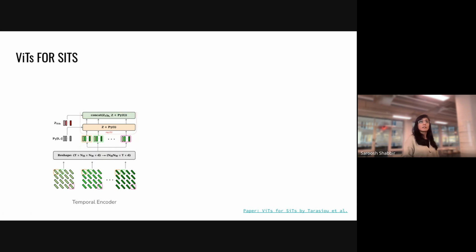Okay, and then we add the class token as in the vision transformer. But here there are, let's say, k class tokens for each time acquisition point. So this is time 0, 1, 2, and there are class tokens for each of these time points.